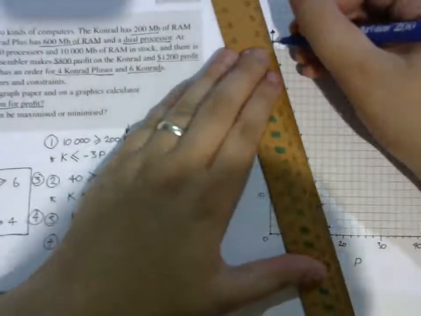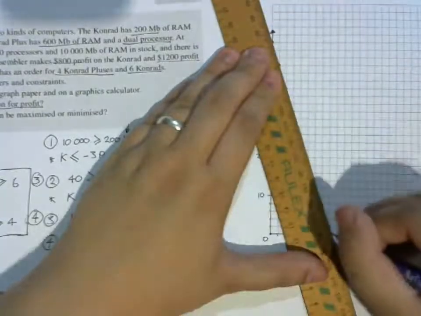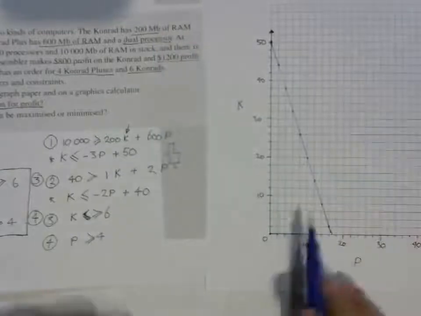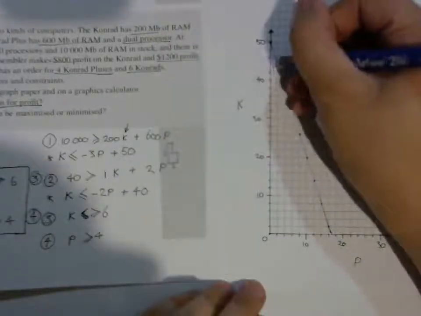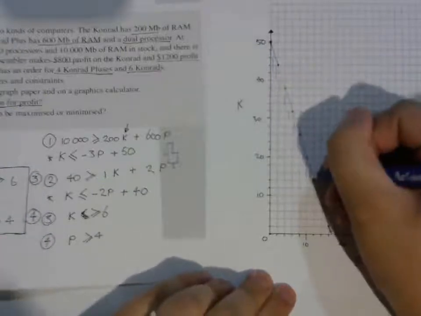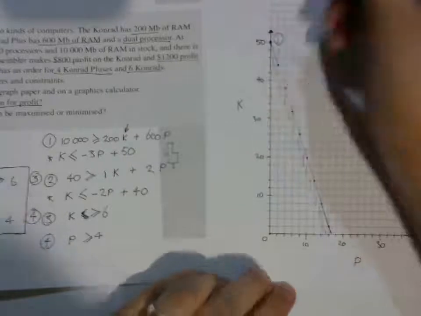When you've got enough points, rule them up, draw your line. There we are. And we know that K needs to be less than this line, so we're going to shade below the line. That's equation number 1.